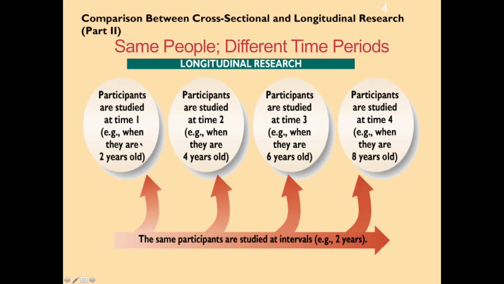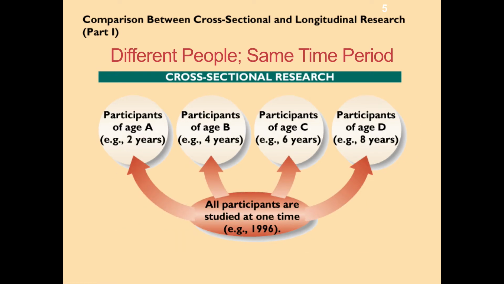Participants are studied at time 1, time 2, time 3, when they're 2, 4, 6 years old, etc. Or if you want to take a different approach, different people are studied all within the same year. For example, all within the year 2016, you look at participants of 2 years of age, 4 years of age, 6 years of age. So they're different people.